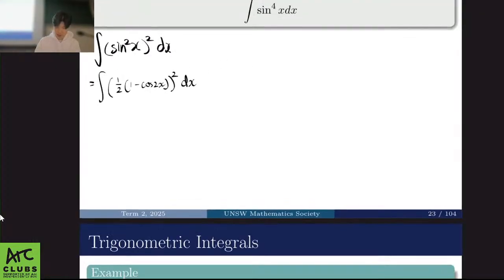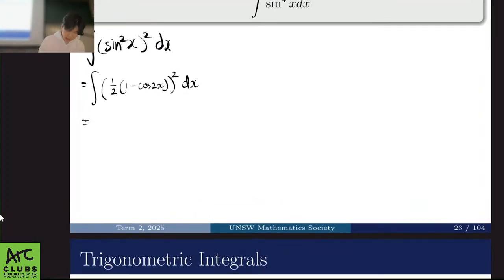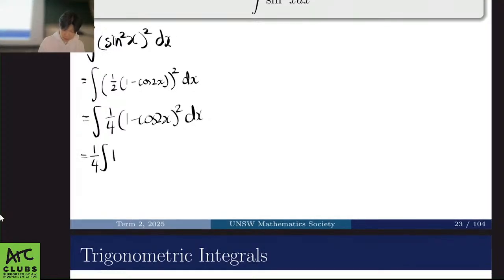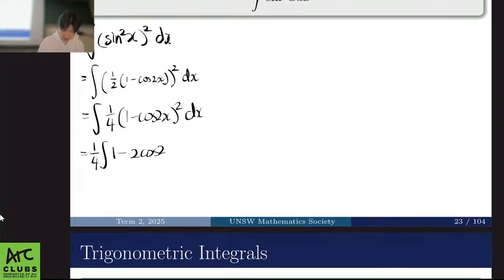Oh, whoops. So this is going to be a quarter 1 minus cos 2x squared dx. So moving the quarter to the outside, 1 minus 2 cos 2x plus cos squared 2x dx.